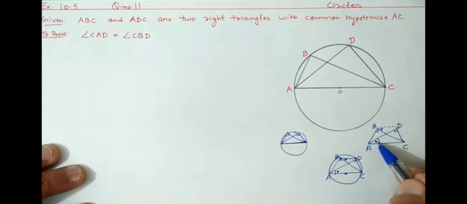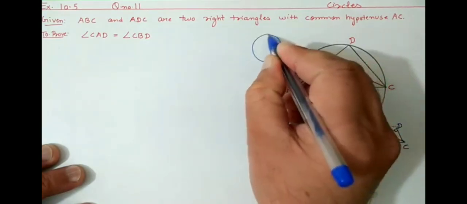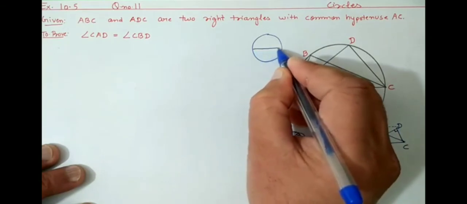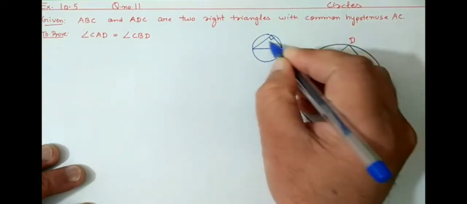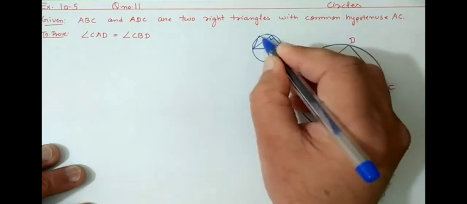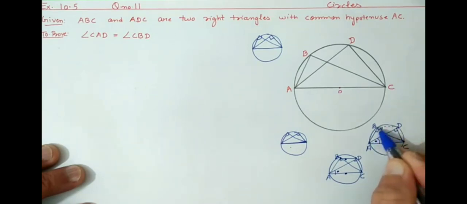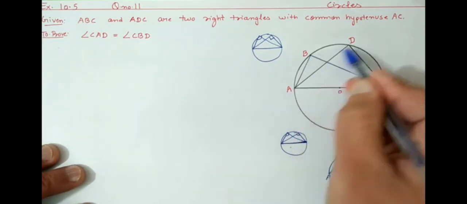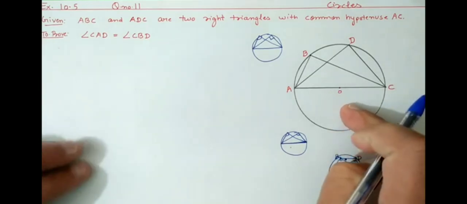But by using the circle theorem that the angle subtended in a semicircle is 90 degrees, we can prove this. We have to assume AC as a diameter of a circle, and if we draw the circle by assuming AC as a diameter, then the angles at B and D subtended by that diameter are 90 degrees.